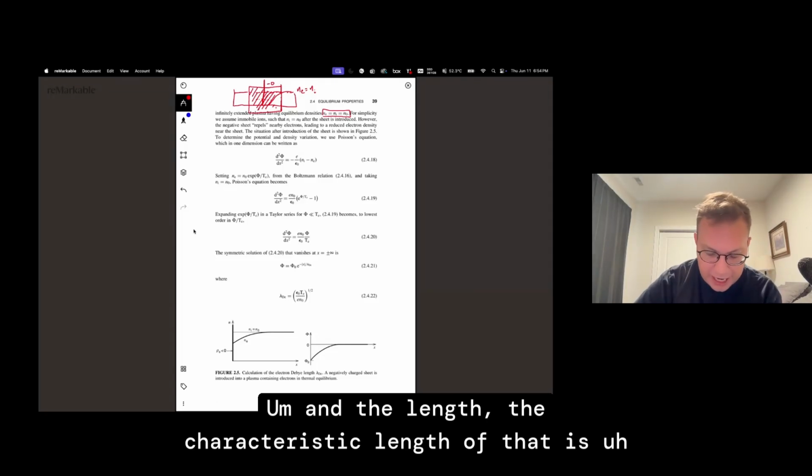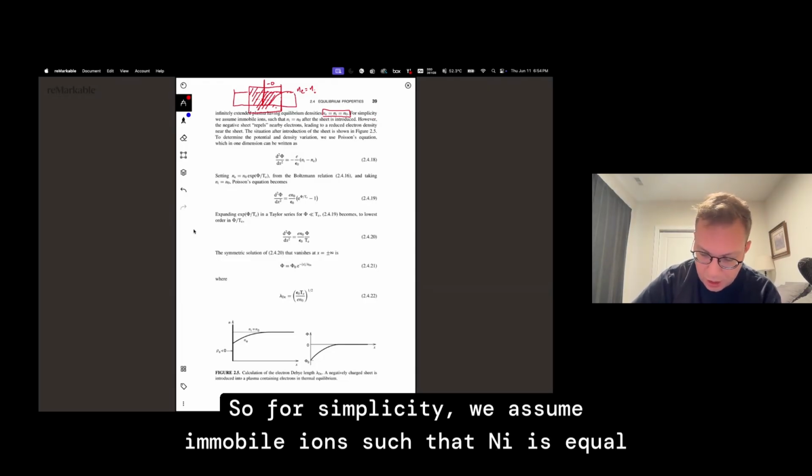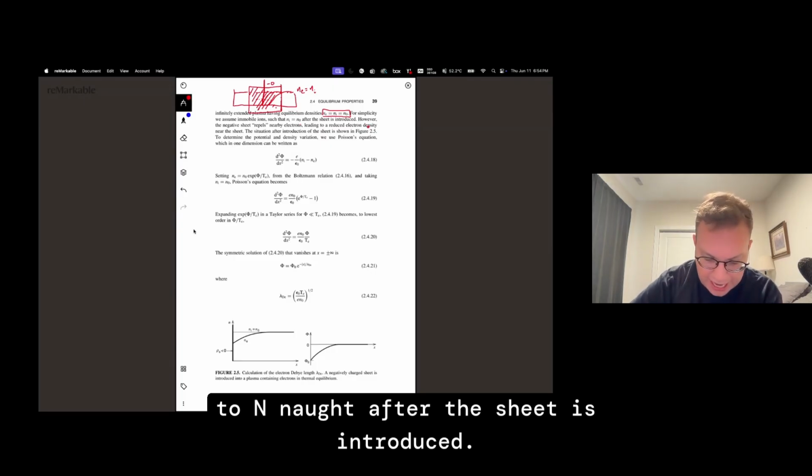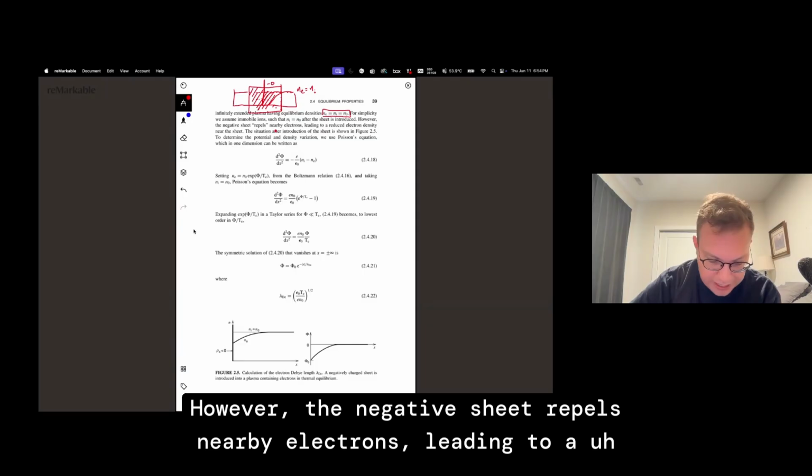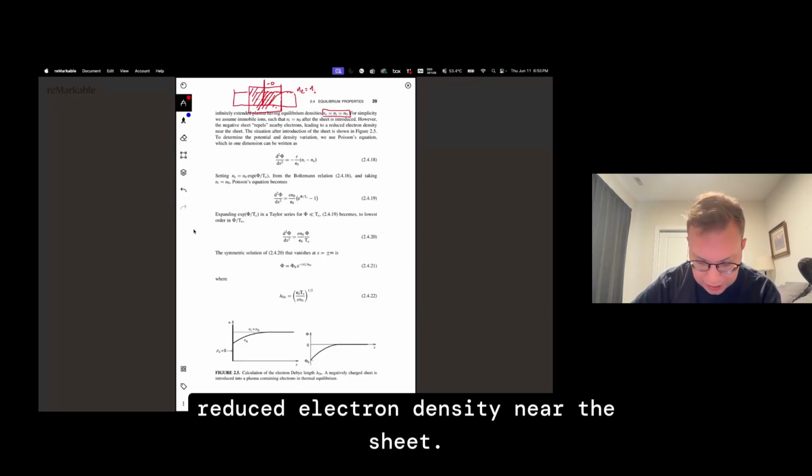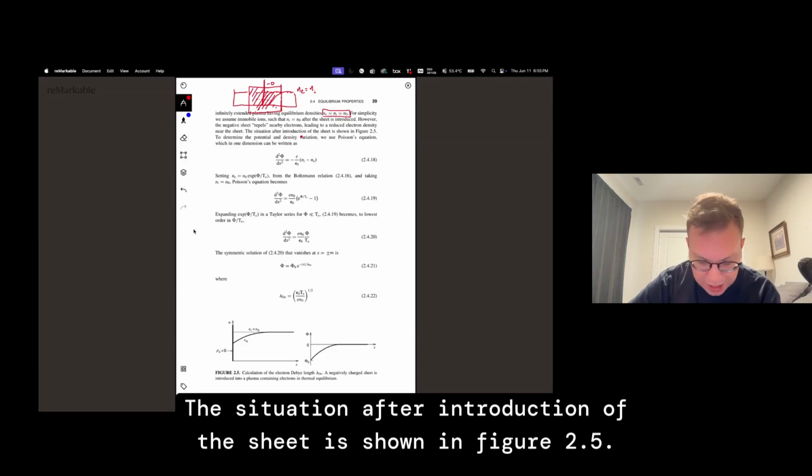And the characteristic length of that is the Debye length, which we'll show now. For simplicity, we assume immobile ions such that Ni is equal to N naught after the sheet is introduced. However, the negative sheet repels nearby electrons, leading to a reduced electron density near the sheet. The situation after introduction of the sheet is shown in figure 2.5.